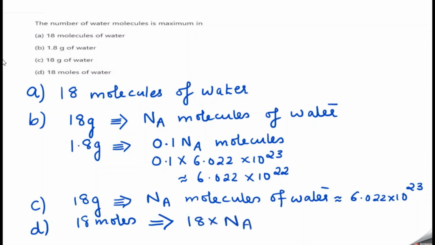So comparing the 4 options, I can easily say that 18 into Na means 18 into 6.022 into 10 power 23, which is a very huge number compared to A, B and C. So my answer should be which one? Option D. Okay, I hope you understood the question. Any doubt, please feel free to come back.